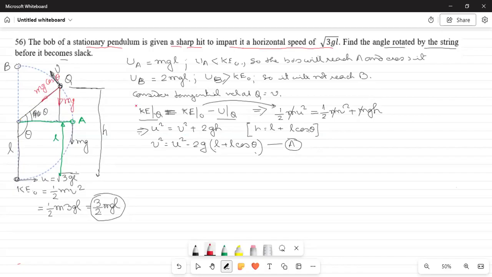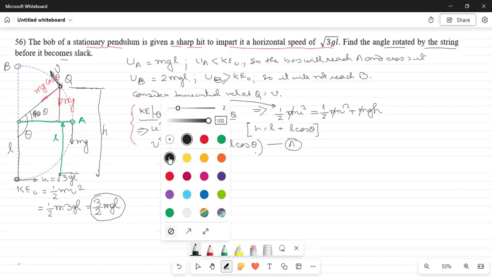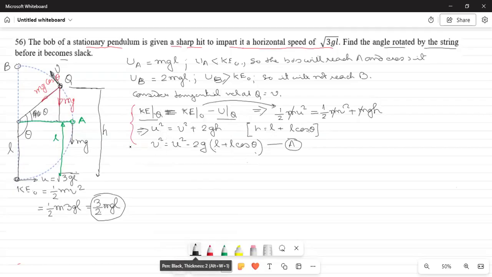One equation we get by resolving the energies. Another equation is by resolving the centripetal force and the force which provides the centripetal force. Now, if v is the tangential velocity, then centripetal force is equal to mv square by radius of rotation, which is equal to L. Who provides this force?